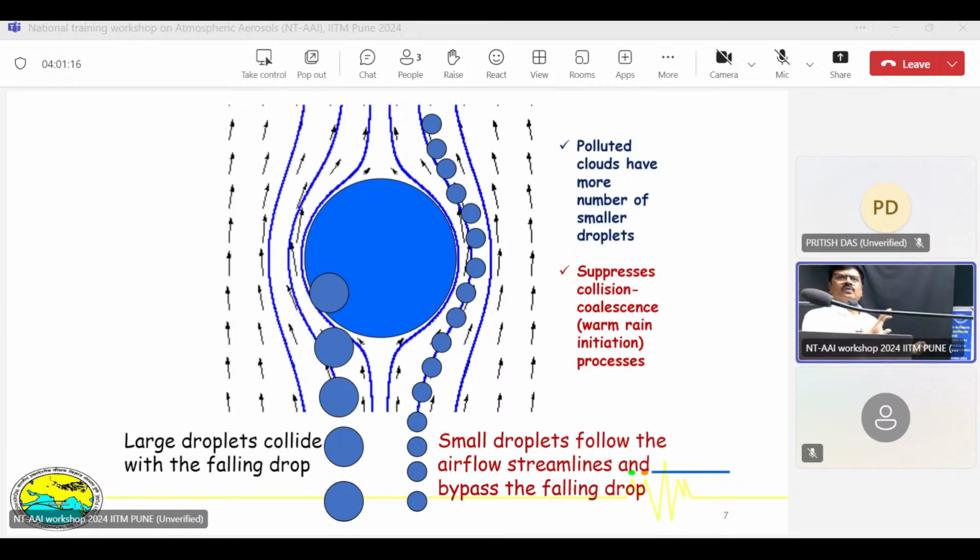They can collide and coalesce with other drops, and the probability of forming a bigger droplet is higher. Whereas if there are smaller droplets, they will just follow the airflow streamlines and bypass the falling drop. So the collision-coalescence gets suppressed. If collision-coalescence gets suppressed, it means larger droplets are not tending to form, so it will delay the warm rain initiation.